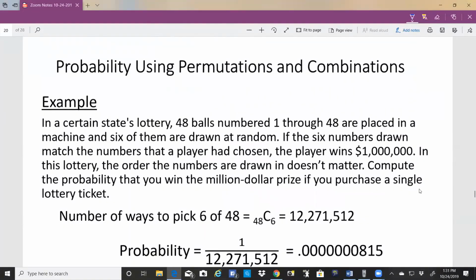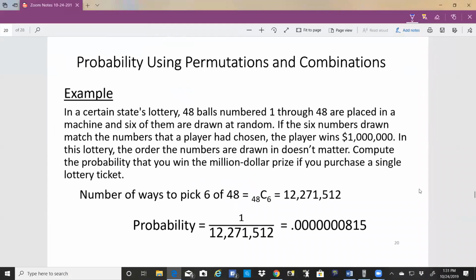How many people play the state lottery? If you want to find the probability that you're going to win if you buy one ticket, and you have a Powerball and there are 48 balls numbered 1 through 48, and you're going to pick 6 and you win $1 million if they get your number.